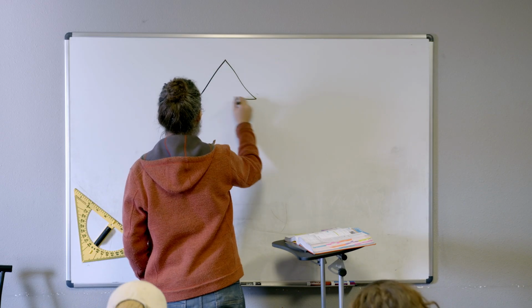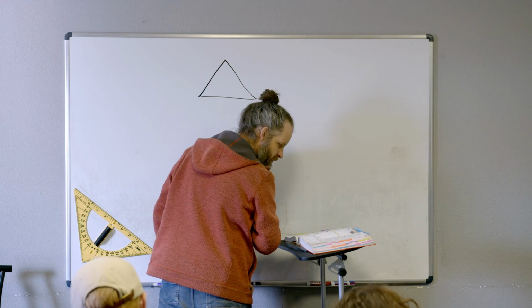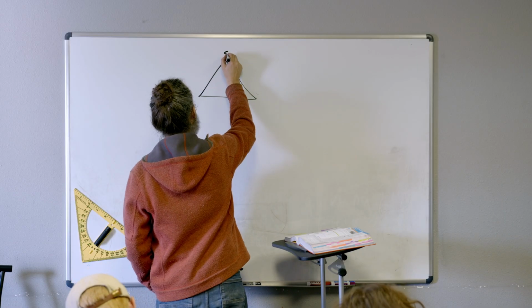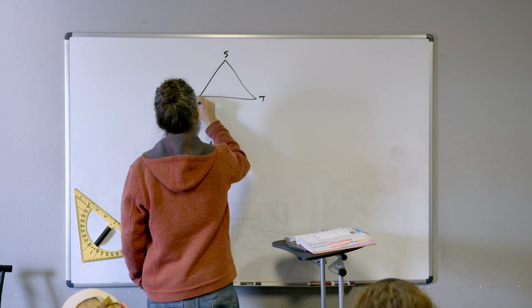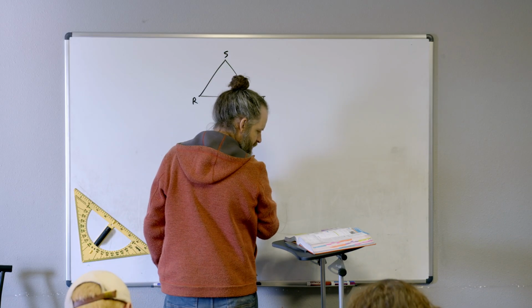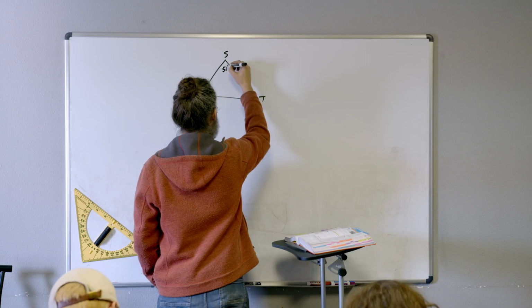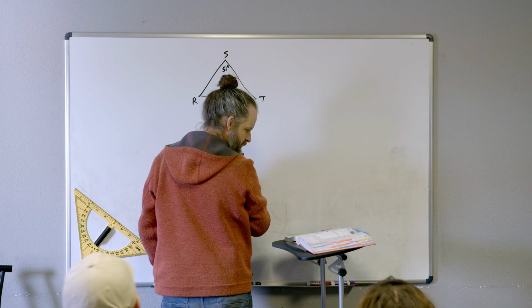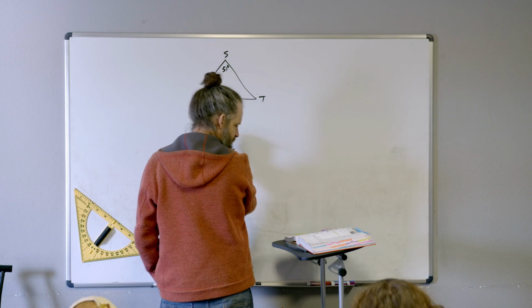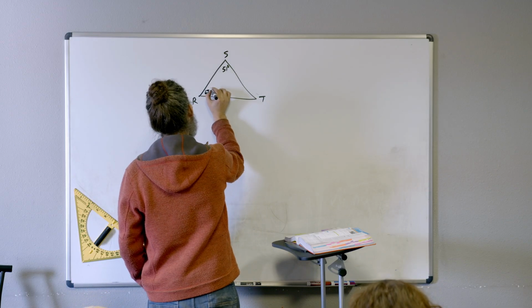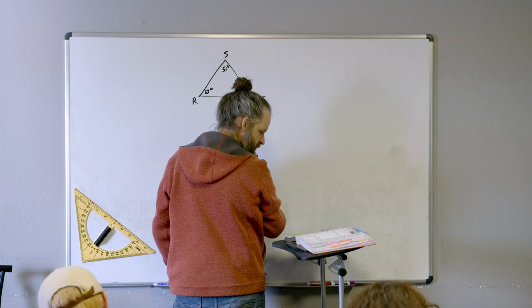So we're going to solve this triangle. We're going to solve STR. And it's got this information. 51 degrees is S. And R is 63 degrees.